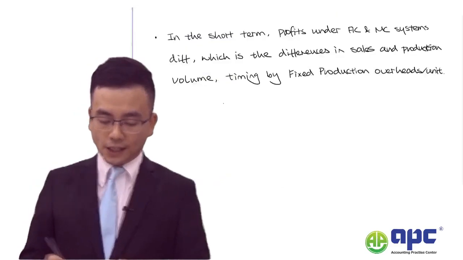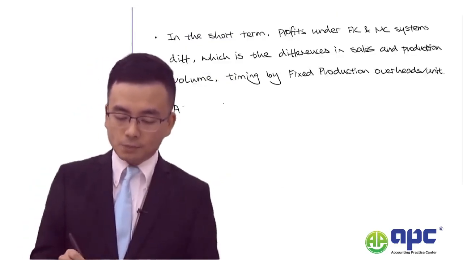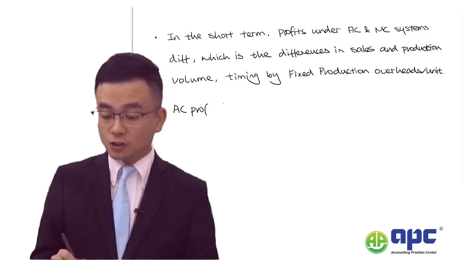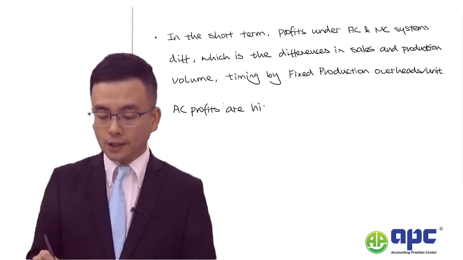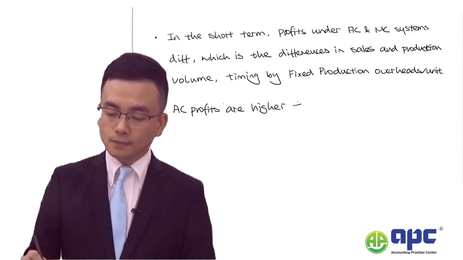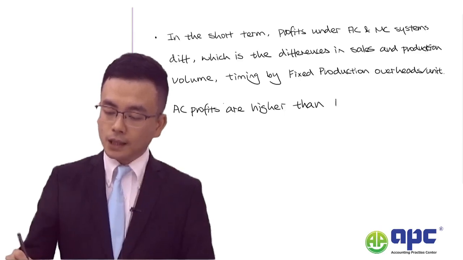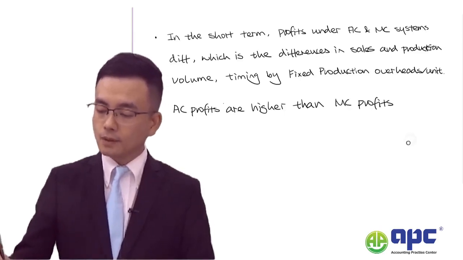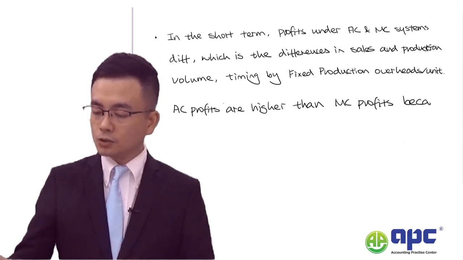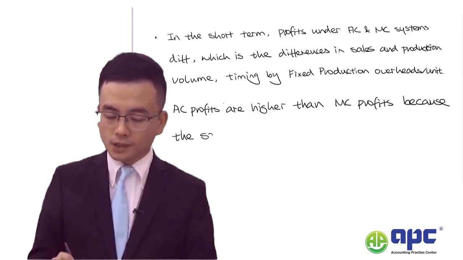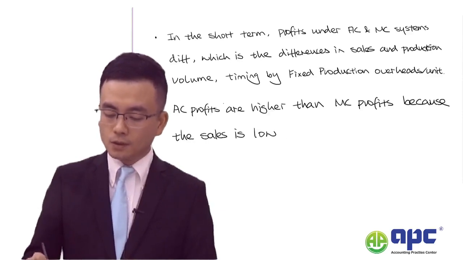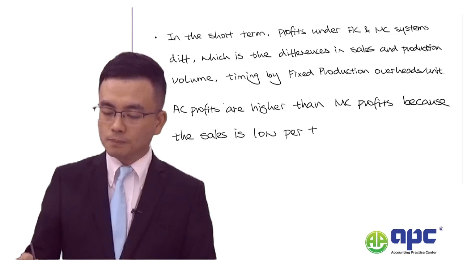In this case, the AC profit, you can use abbreviations, absolutely fine, is higher than the MC profit because the sales are low per table 1.